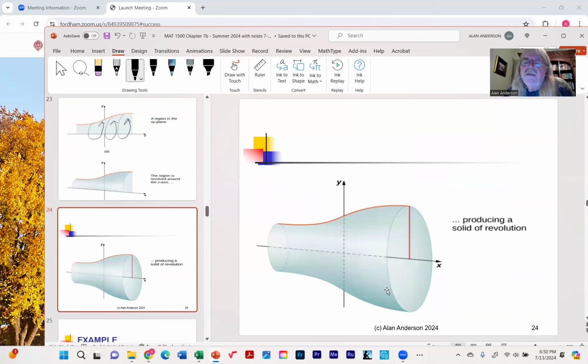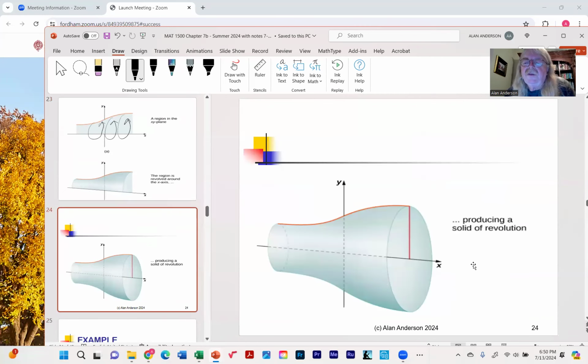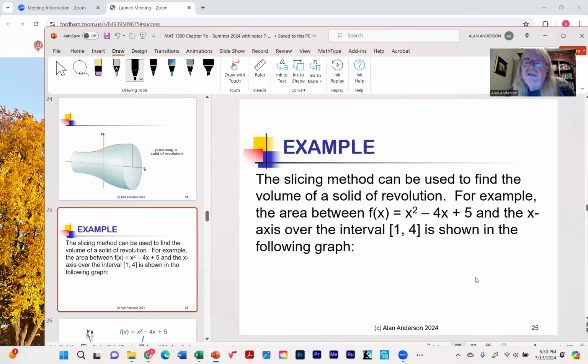And that, oh, I see. Okay, no, then we're not done yet because then that gets rolled over the horizontal axis to produce this thing. I'm not sure if there's even a name for this shape, but you can see we can use the slicing method to figure out its volume.